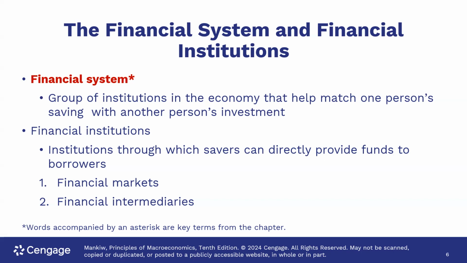One group has extra money, extra funds after they consume, so you can call them savers. They save a portion of their income in their bank account, and they want to use it to generate some benefit. However, most of the time they don't have a channel to make full use of this fund.